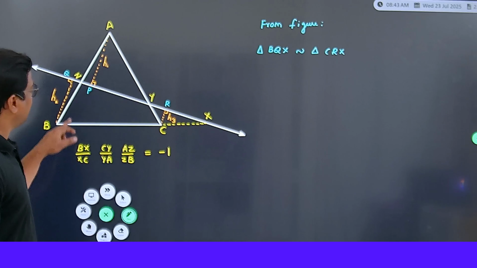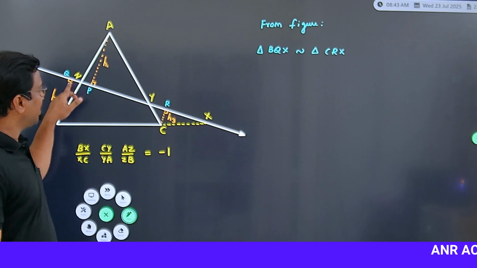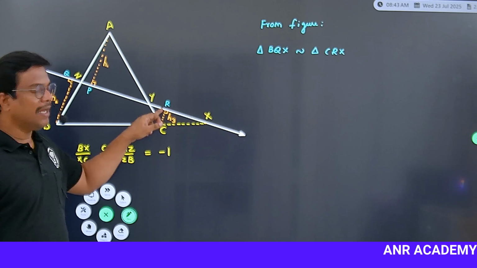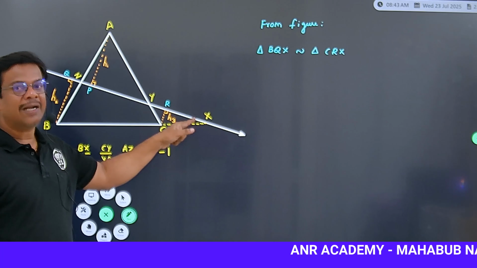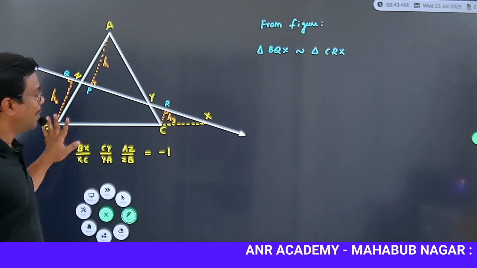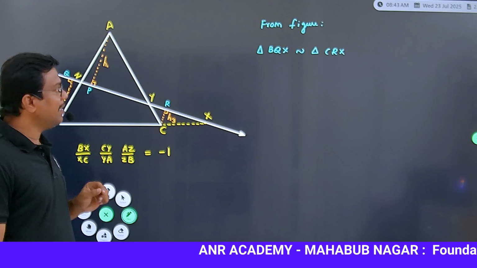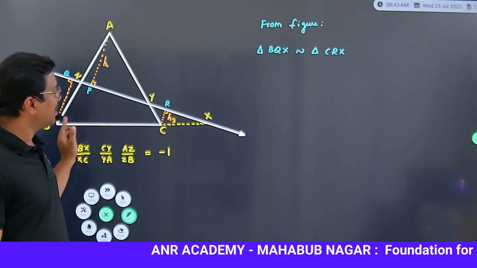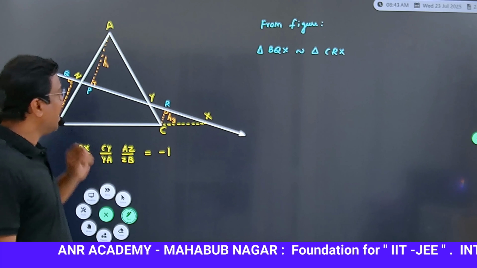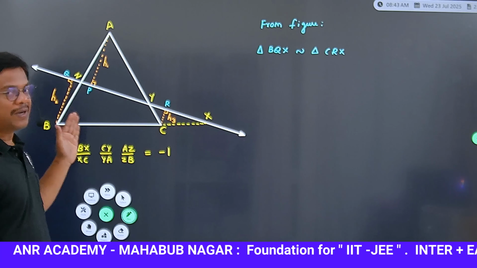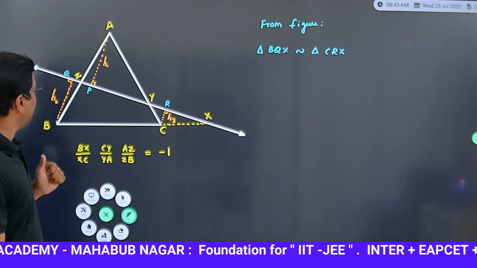Why? Because here angle Q 90 degrees, here angle R 90 degrees and one more common angle at X. So by AA similarity, these two triangles are similar. Therefore, when they are similar, their corresponding ratios are proportionate.